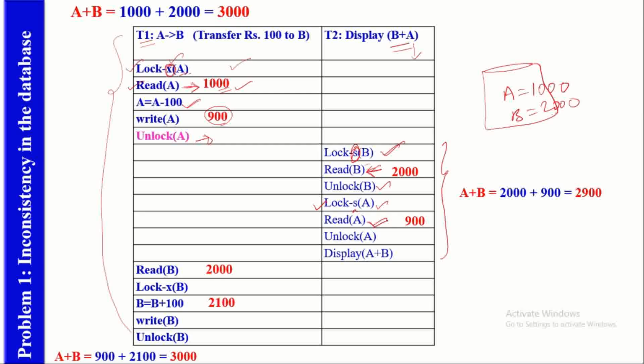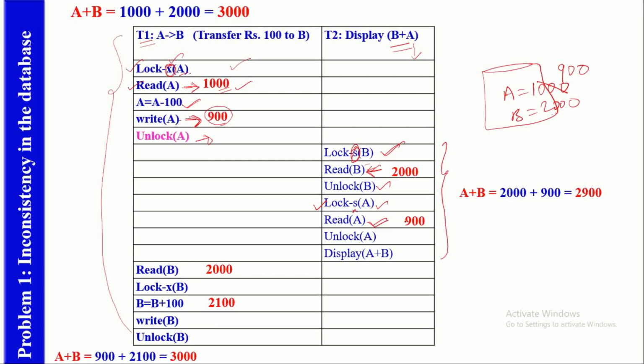When it reads the value of A, the write operation has changed this value into 900, so this value will be read by T2.